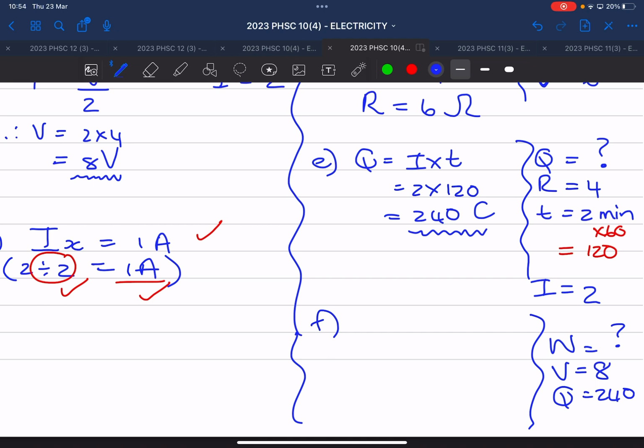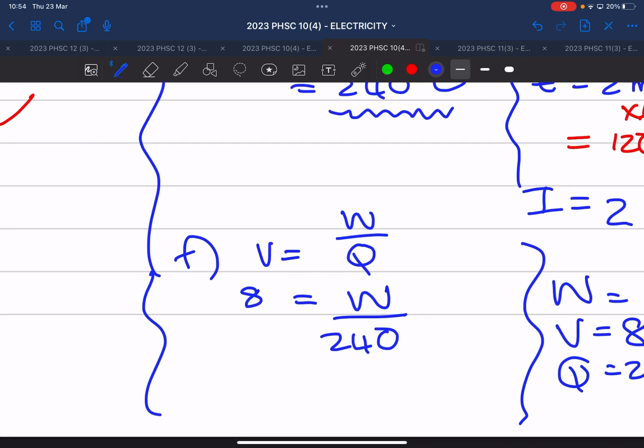Okay, so the formula, Lisedi, that goes with it? Okay, so the volts is 8. W you want to get. The charge is 240. What are we going to do, Hope? We're going to multiply what with what? Yes. And we get that to be what, Bukamuso?